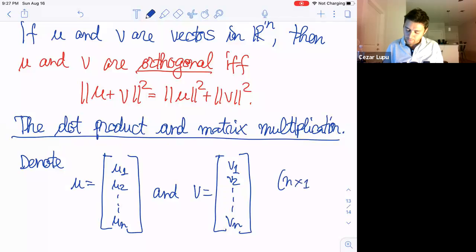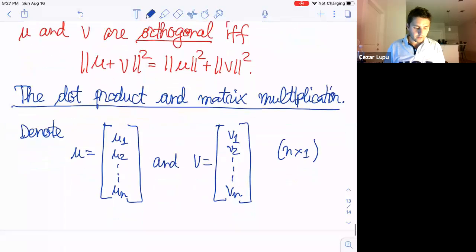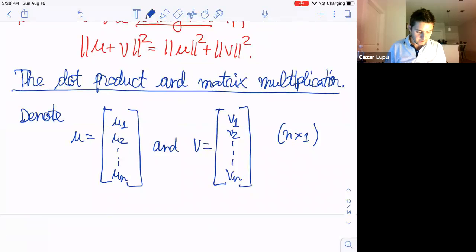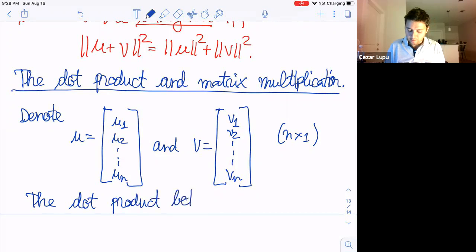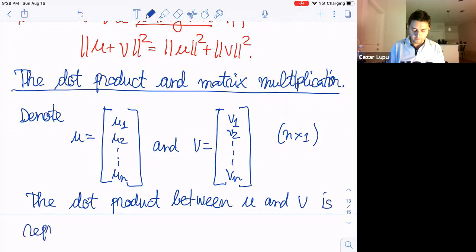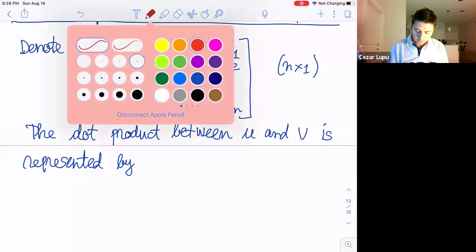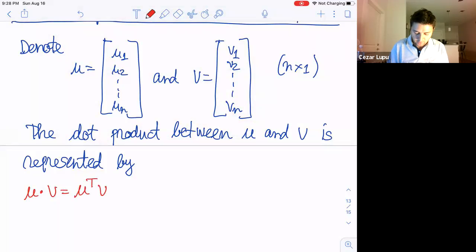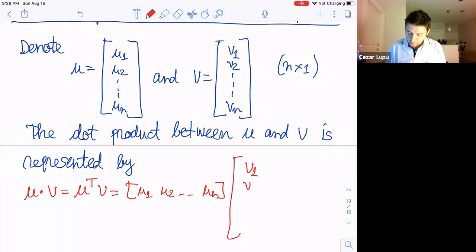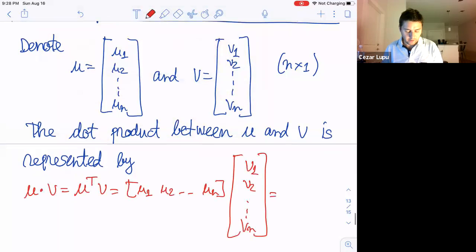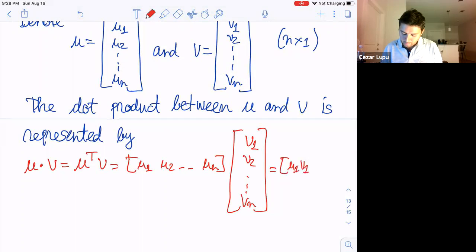These are n by 1 column matrices. If we want to represent the dot product between u and v, u dot v is nothing else than u transpose v, which is the row u1, u2, un multiplied by the column v1, v2, vn, and this is just u1v1 plus u2v2 plus unvn. Okay, and that's it.